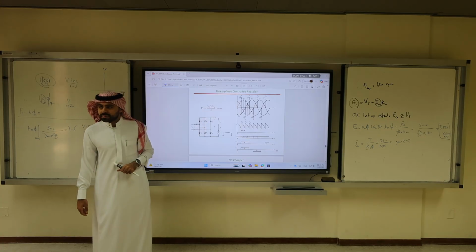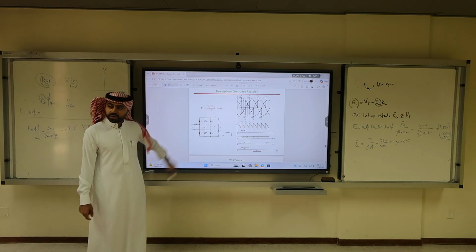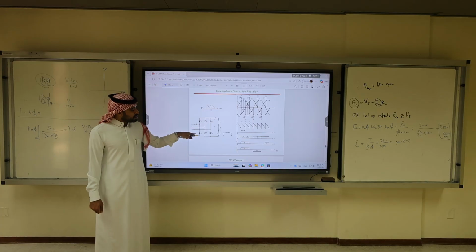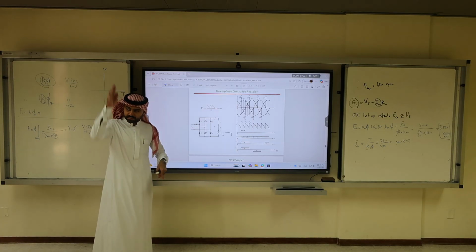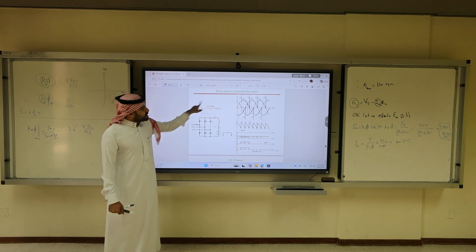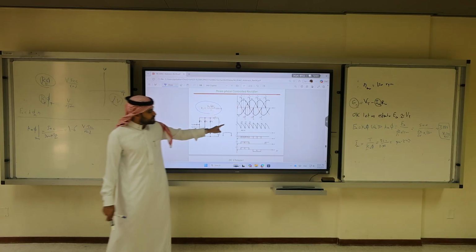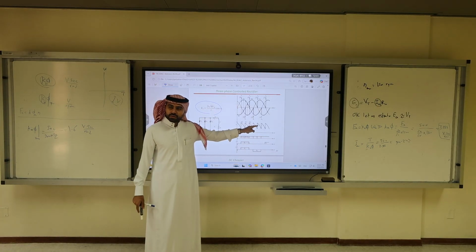So the sequence is fix 1, attach the 2 others. Fix 1, don't connect them in the same column. What is the equivalent DC? It is 3 times square root of 6 times Vp over pi cosine alpha. And this is the operation, and you can see the signal is more smooth.